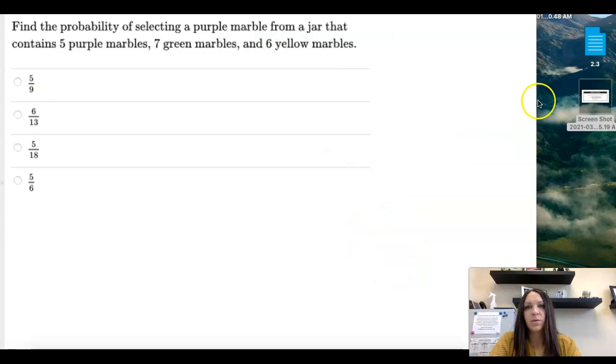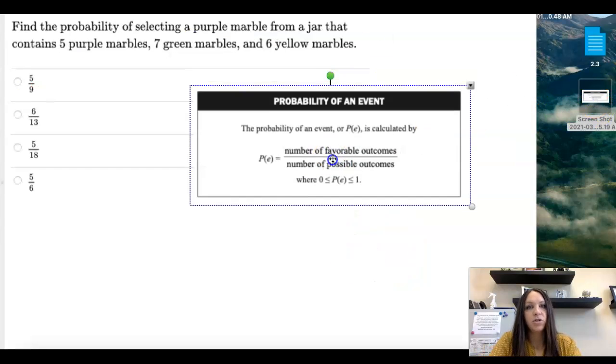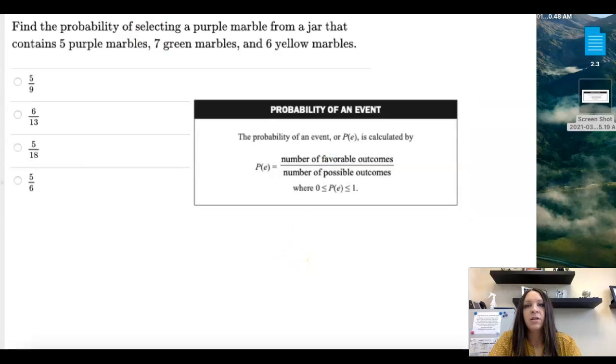So this next question is the same. We're drawing marbles out of a jar. Possible outcomes is how many marbles do we have? So 5 plus 7 plus 6. And then our favorable outcome is what we want. So we want the probability of selecting a purple marble.